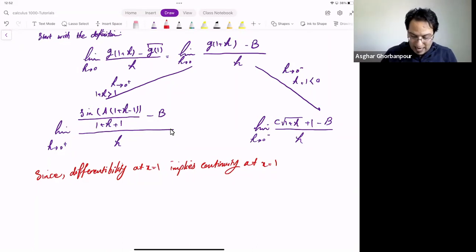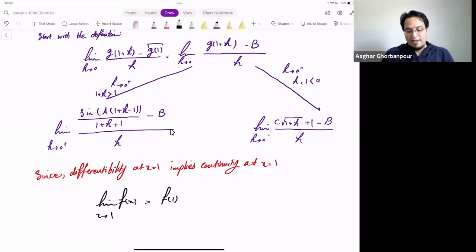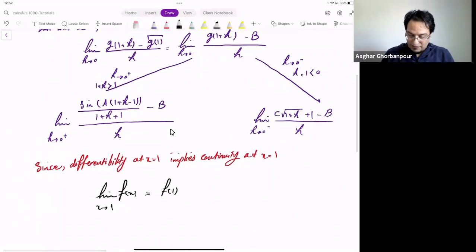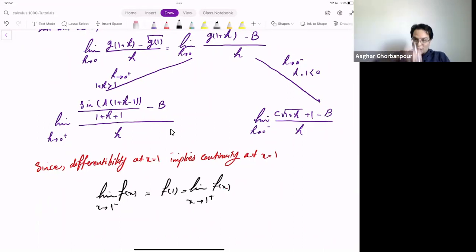So it means that the limit of the function as x goes to 1 must be equal to the value of the function. Since this is a piecewise defined function, I can turn it into one-sided limits, which must exist, and they must be equal and equal to f at 1.